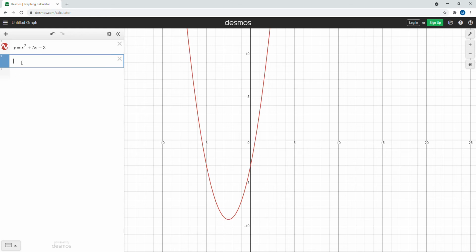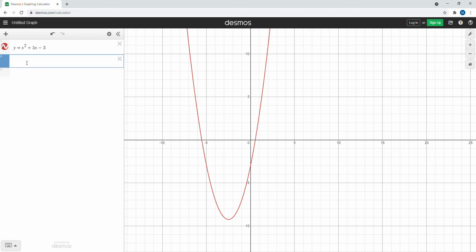Now, in another video, we'll talk about how to find that number analytically using a formula and then also synthetic substitution. But for now, we're going to, again, just click on that vertex down there, and we see it's negative 2.5, comma, negative 9.25.